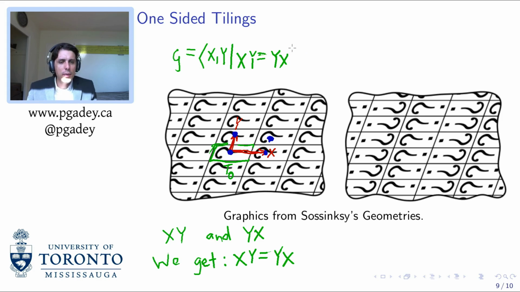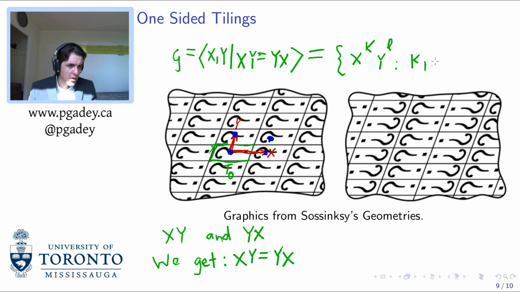So if we think about the elements of this group, we can always rearrange the x's and y's in whatever order we want. So we're going to get x to the k, y to the l for k and l in the integers. And if we think about that as an abstract group, that's going to be Z squared.